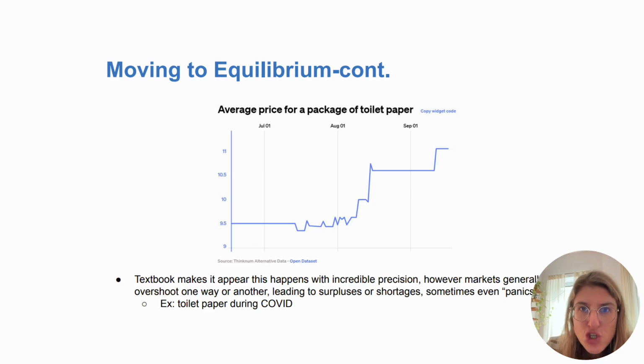So this shows how markets sometimes wobble around equilibrium rather than immediately settling into it, right? The takeaway here is that equilibrium is a powerful concept, but in real life, markets can be messy and unpredictable before they stabilize.